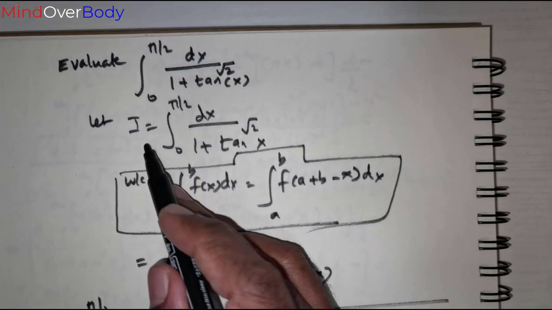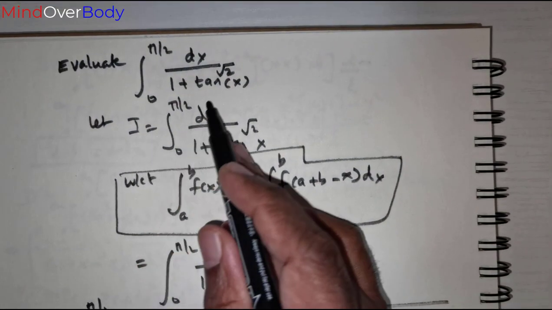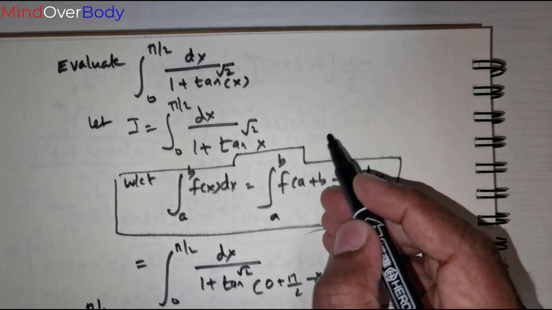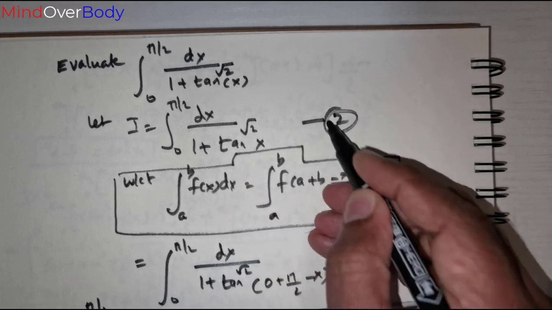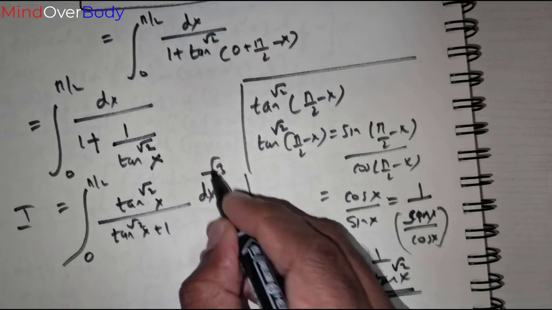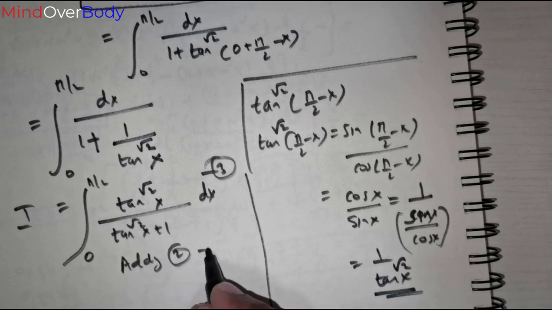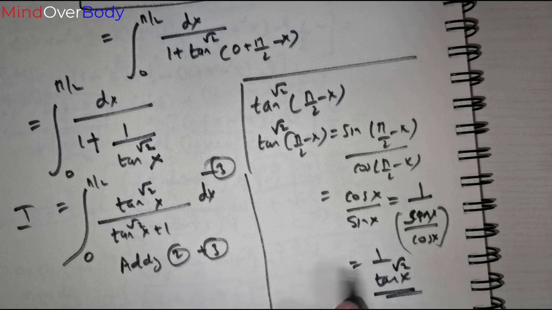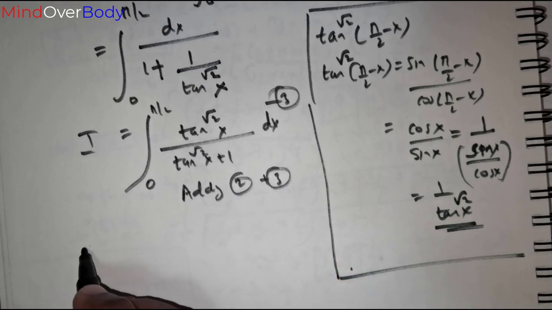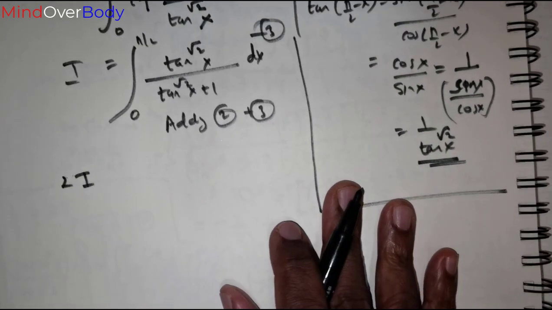Now already we have taken the initial given question as I. So let me take this as 2 and let me take this as 3. Adding 2 with 3, what do we get on the left side? On the left side we will get 2I.